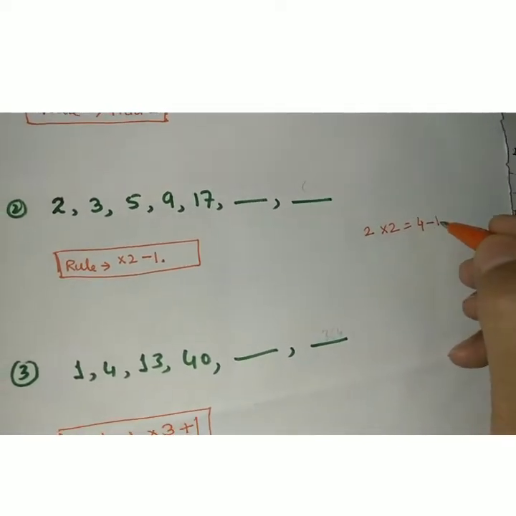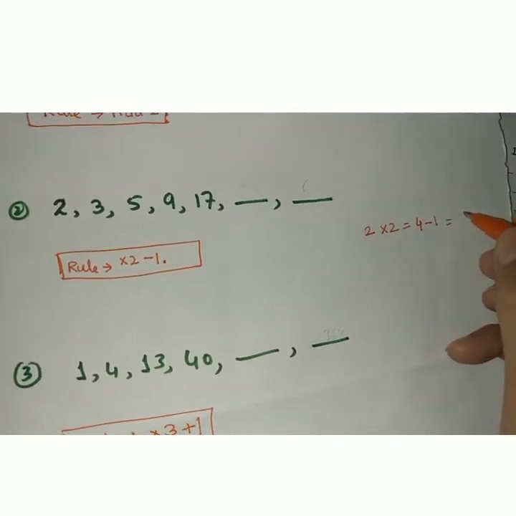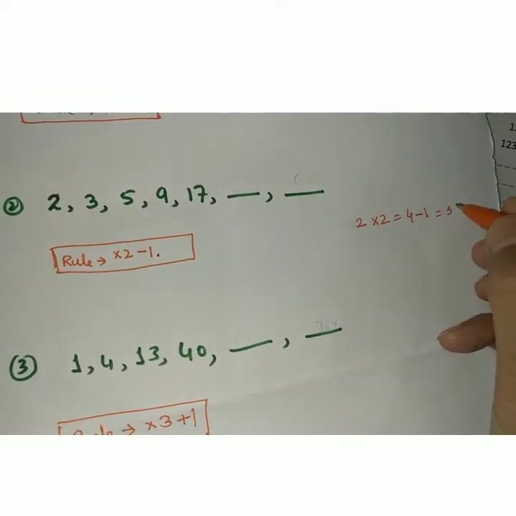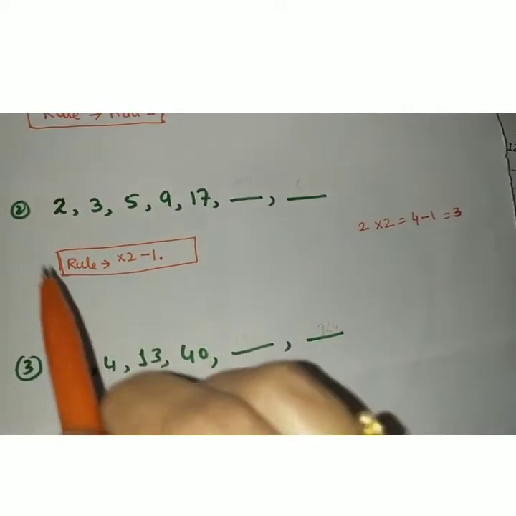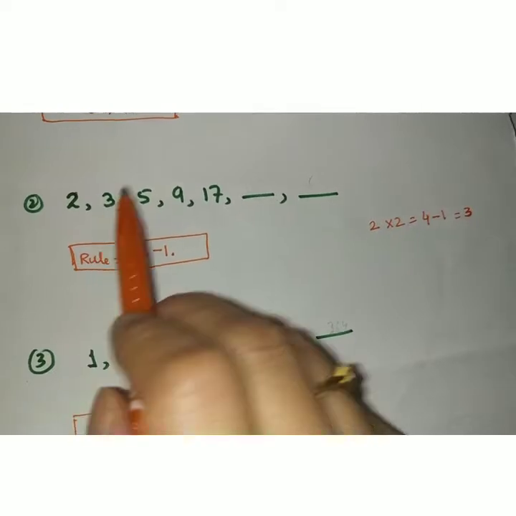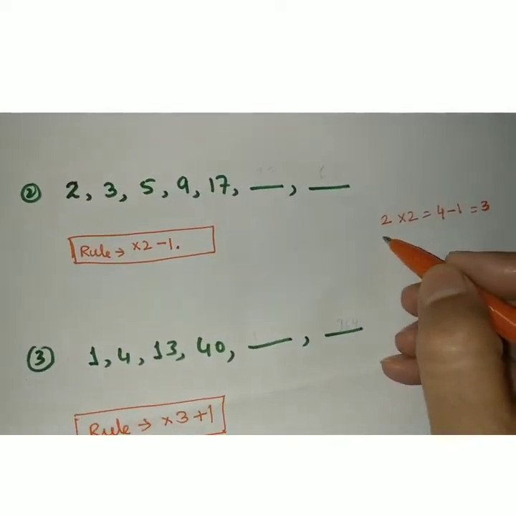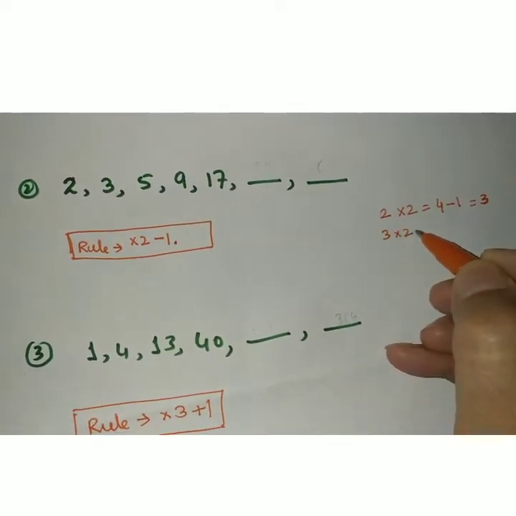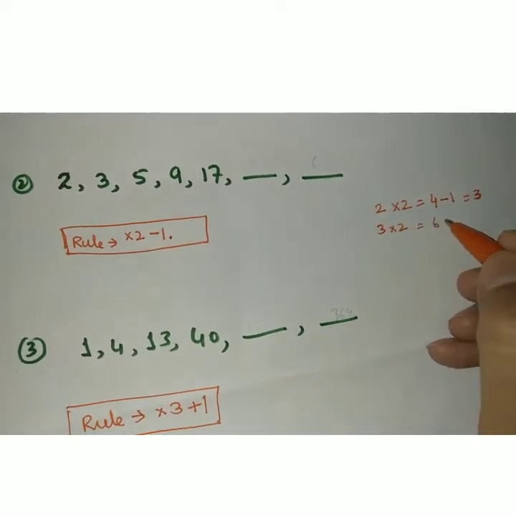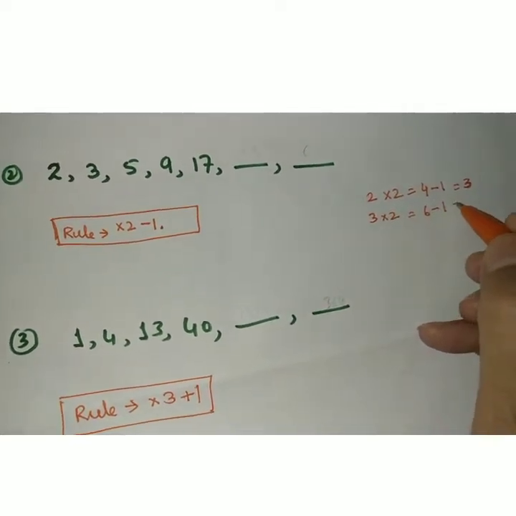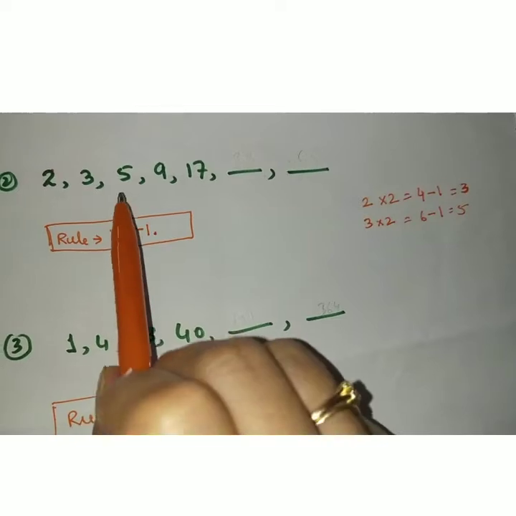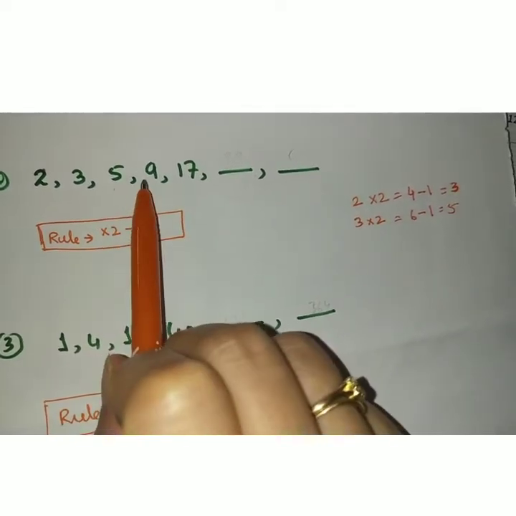Then we subtract 1, it gives us 3. So next number is 3. Now again 3 multiplied by 2, that is 6. Again minus 1, that will give you 5.